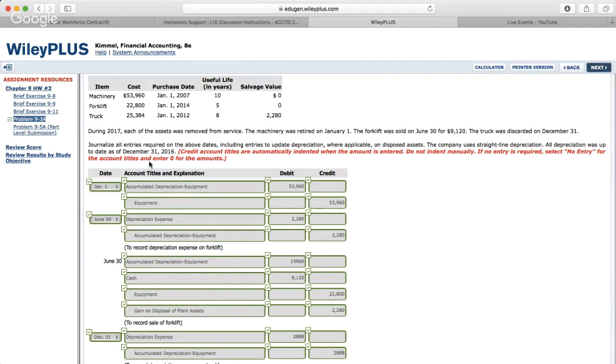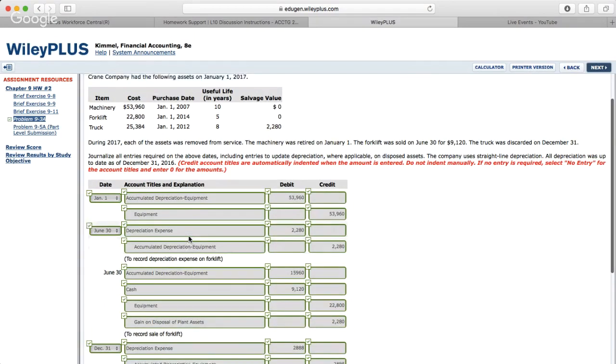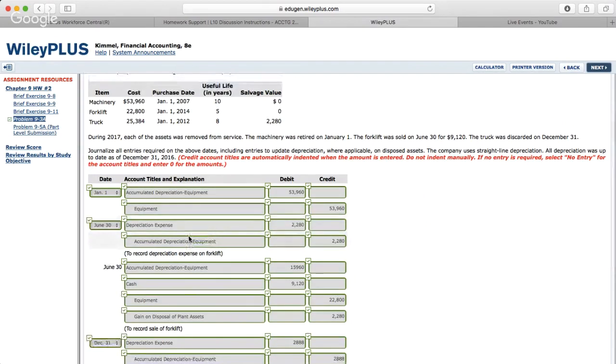And then you move on to the forklift, and that would be on June 30th because that's what it tells you right here. So it's depreciation expense and accumulated depreciation for equipment, but you have to find the depreciation.